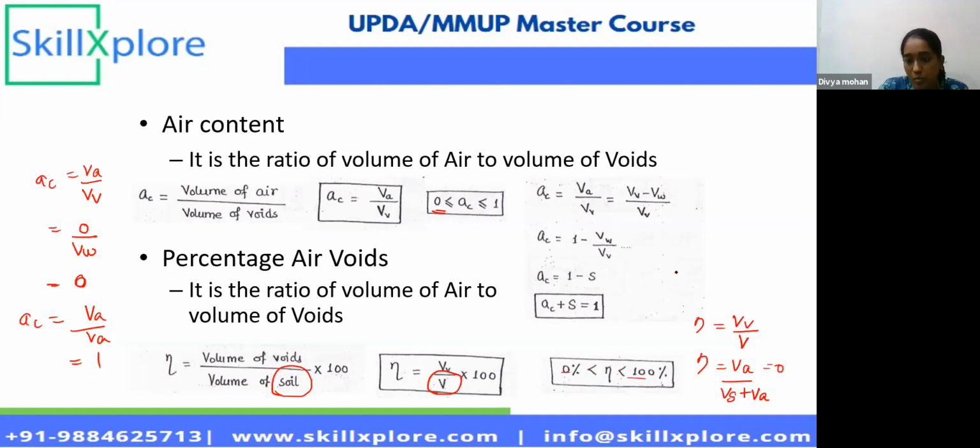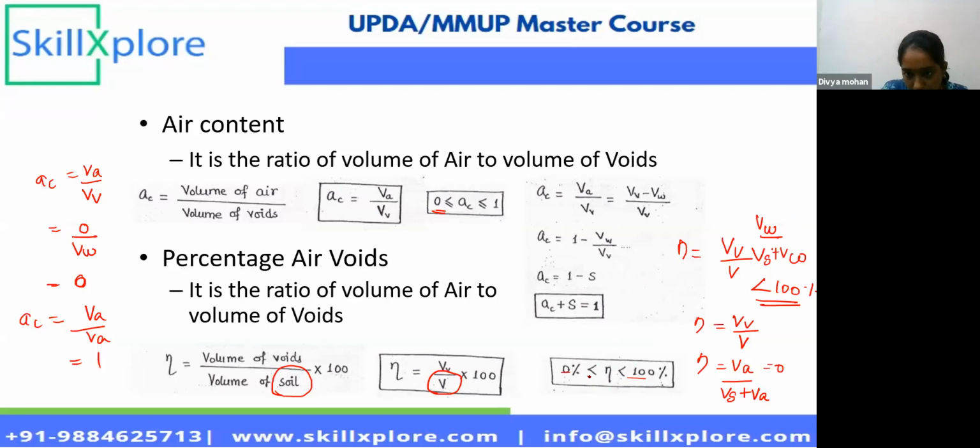It will be less than 100%. For example, in a fully saturated condition, the volume is VS plus VW. As I discussed previously, it will not reach 100%, however, a value less than 100% can be attained. And for 0%, if this value is 0, I think here it is wrong.